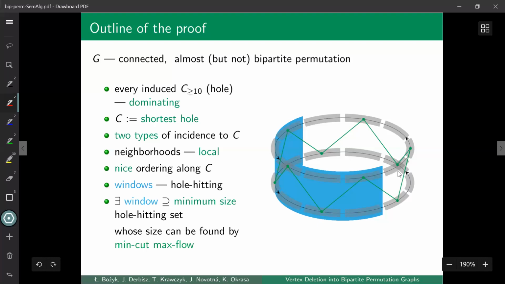After we take a local window of, say, width 5, we can adjoin a source to one side and a sink to the other, do some technical work inside, and find the minimum size vertex set separating the left side from the right side. This allows us, within the minimum budget, to kill all remaining holes in an almost bipartite permutation graph.